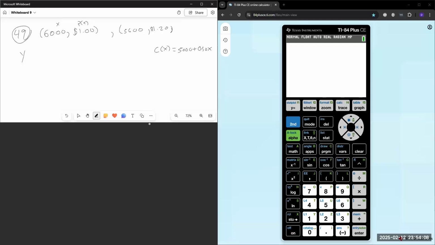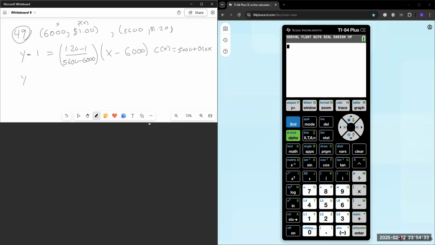So y minus 1 is equal to m, which is going to be 1.20 minus 1 over 5,600 minus 6,000, times x minus 6,000 for my equation.